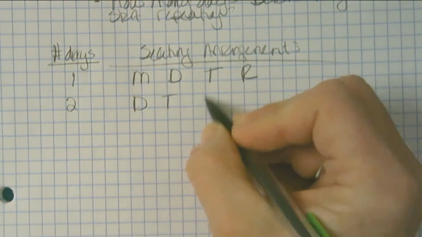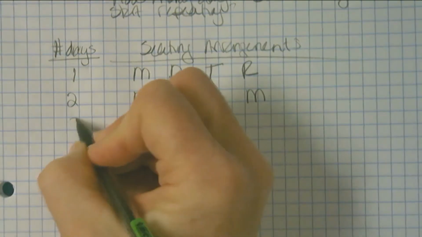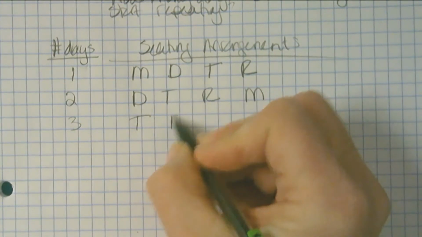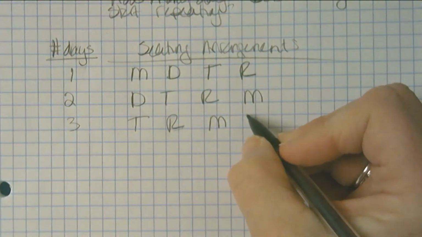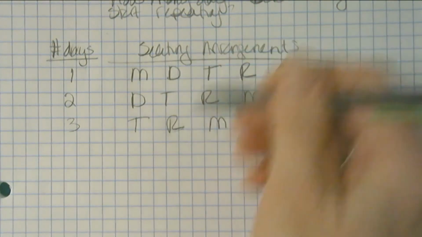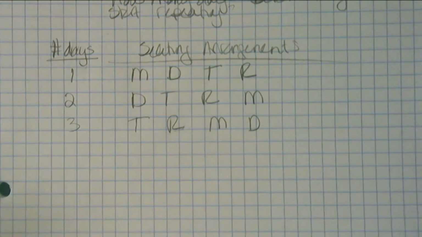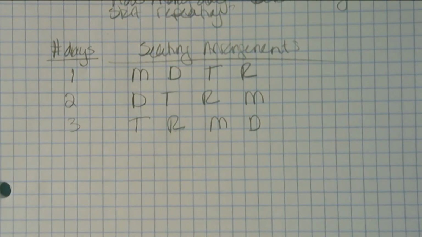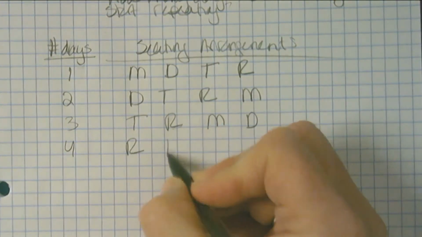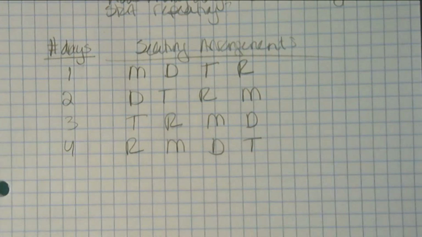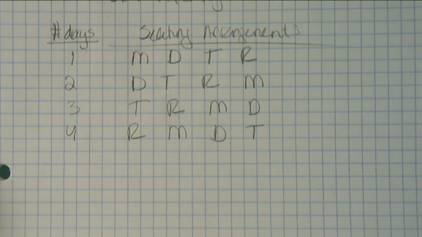D, T, R, M. My third day, I'm just going to shift this again, and I'm making sure that I keep these desks organized, the first is a first desk, second, third, and I'm going to keep going with that. Then the 4th day is going to be R in the first seat, M, D, T. Now I'm just going to completely switch up the arrangement.